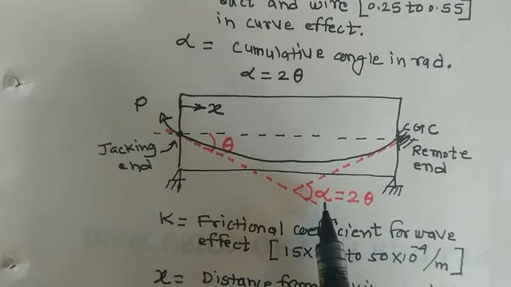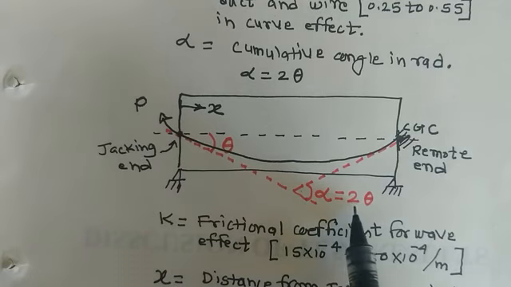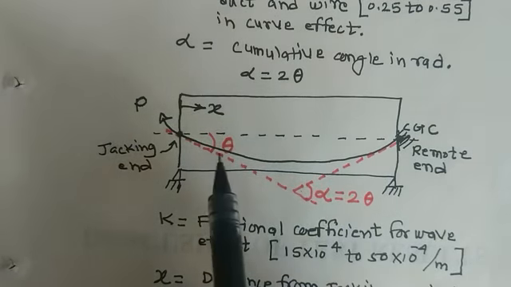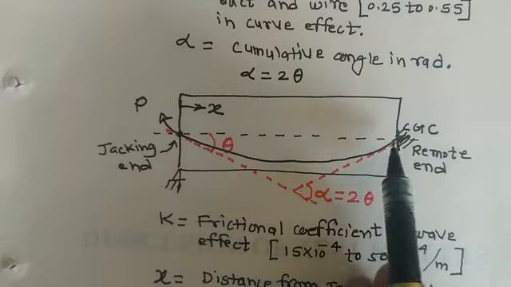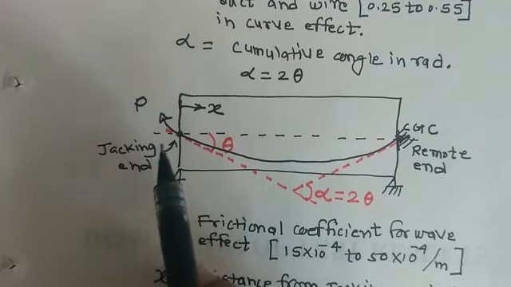Alpha is calculated using this terminology. Alpha is equal to 2 theta. Theta is calculated using the parabolic profile of the cable.